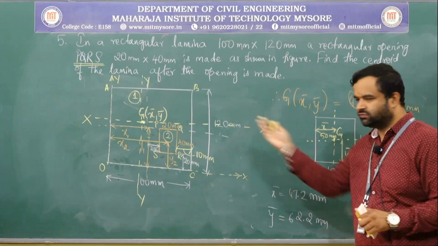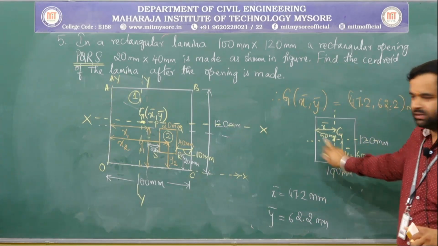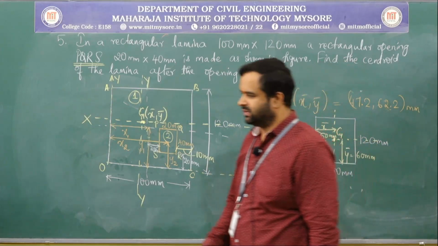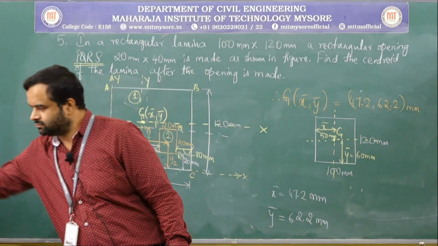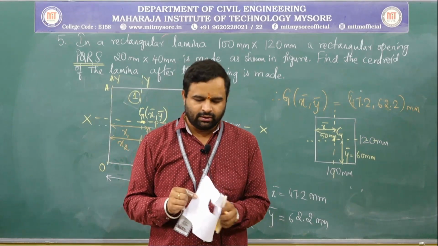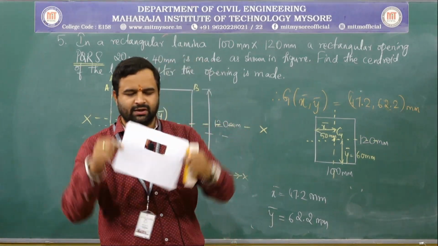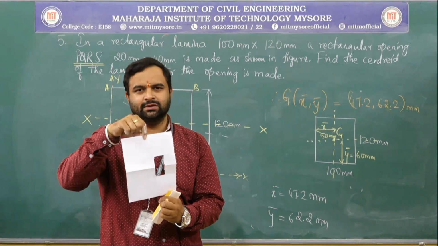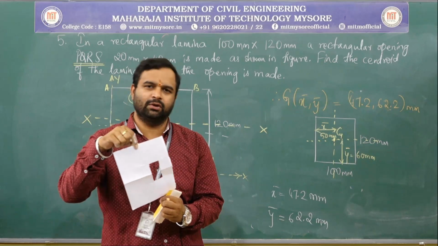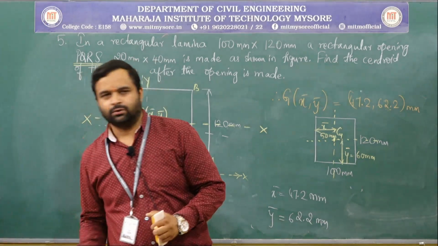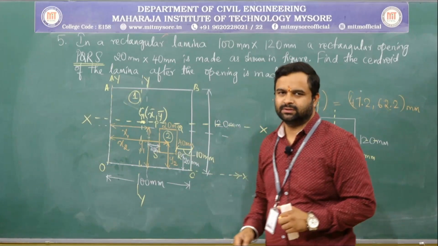Just compare these two figures. This is without an opening, this is with an opening. I had shown you the paper as well. Initially, this was a rectangle without an opening made. Now, since we have made an opening here, that makes the centroid to be located at a different point. I hope you have understood this.